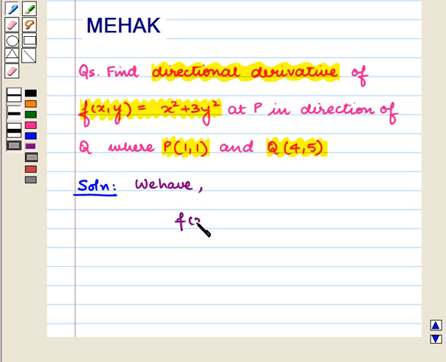We have f of x, y is equal to x square plus 3y square, and we have to find its directional derivative at the point P in the direction of Q, where P is at (1, 1) and Q is at (4, 5).